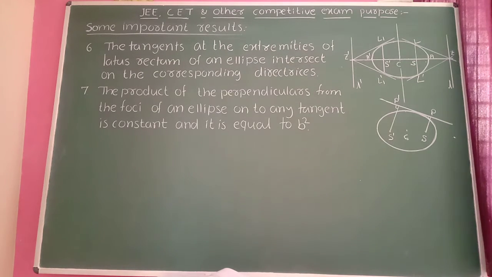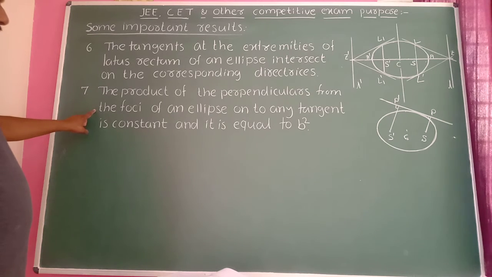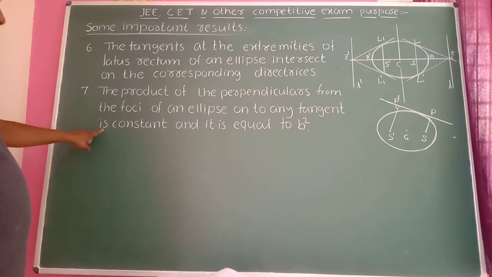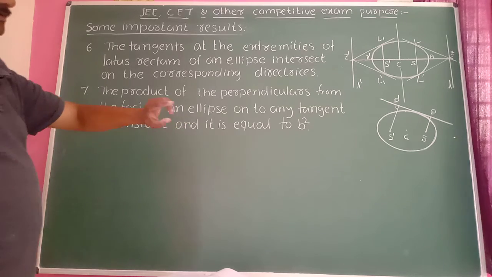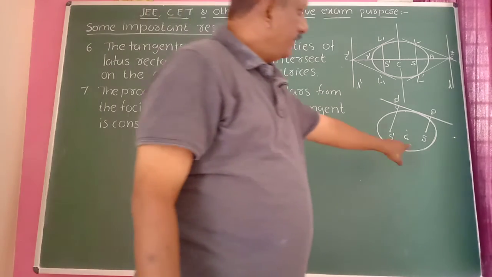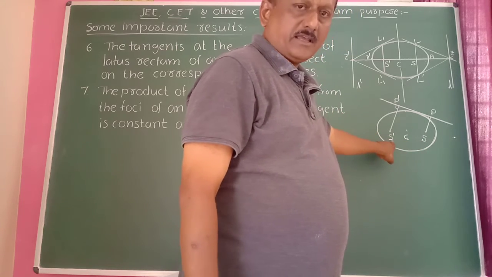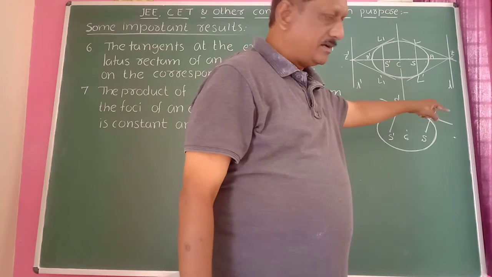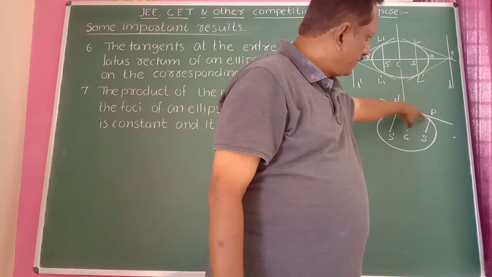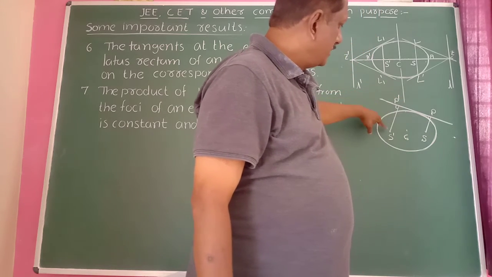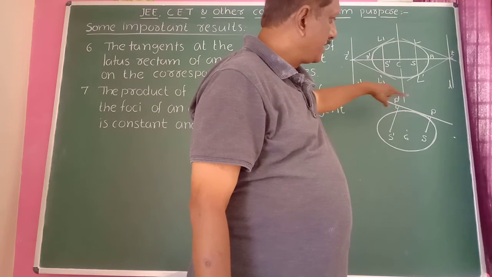The product of the perpendiculars from the foci of an ellipse onto any tangent is a constant, and it is equal to b square. Here S and S dash are the foci, and this is a tangent. Then you draw SP perpendicular to this tangent, and S dash P dash perpendicular to this tangent.